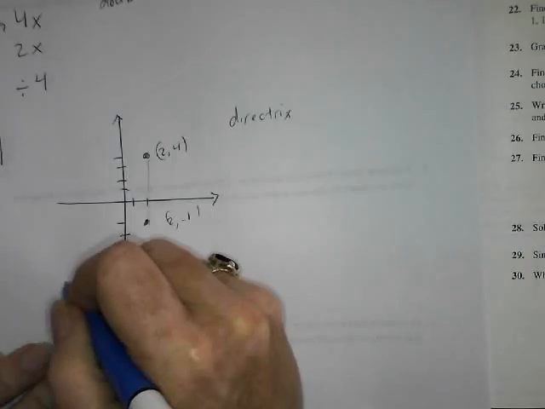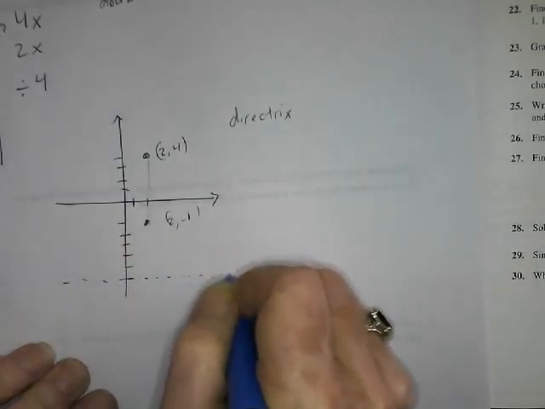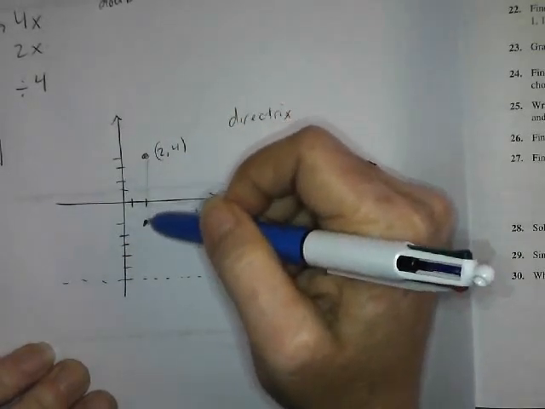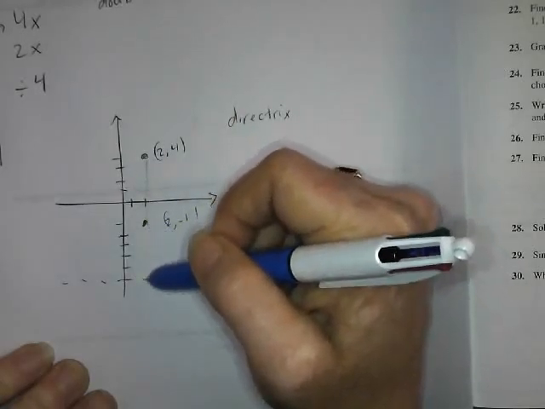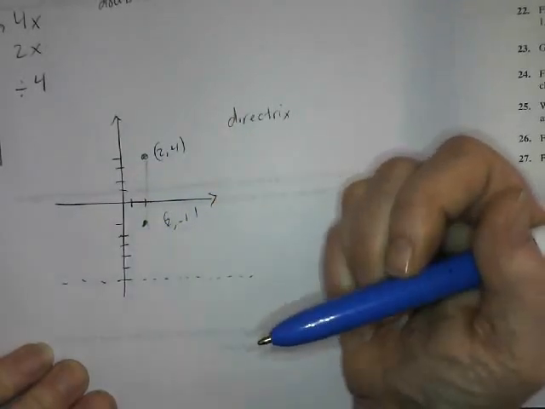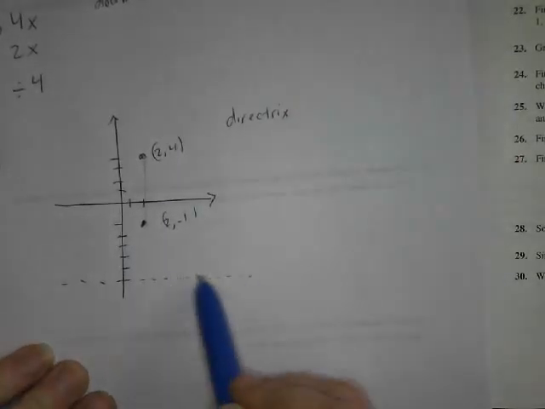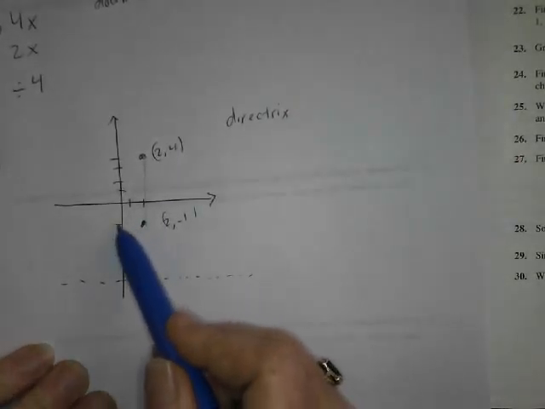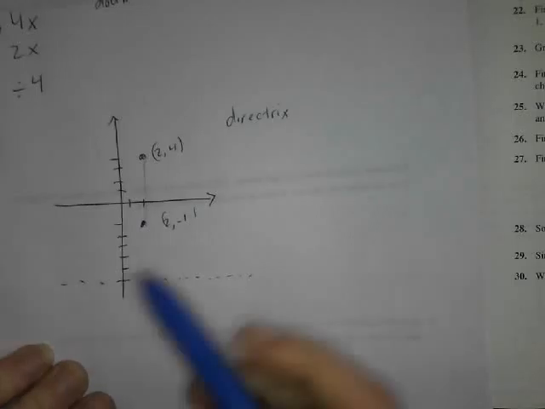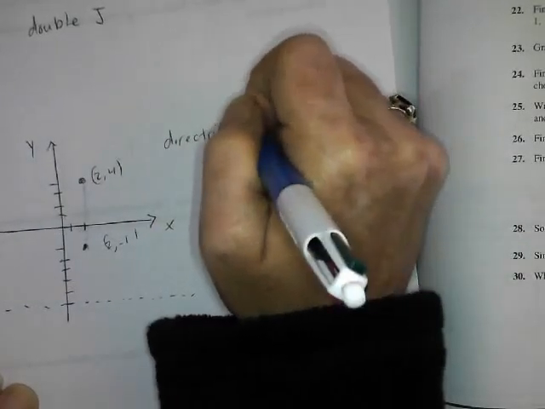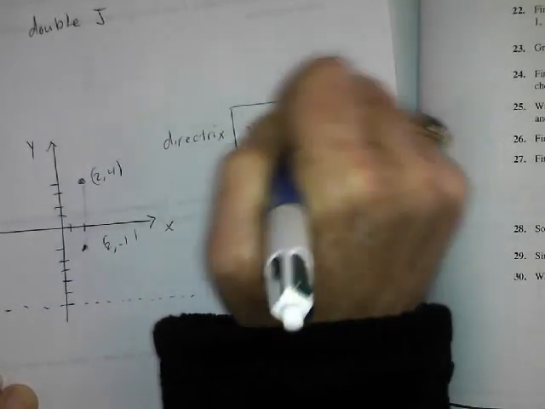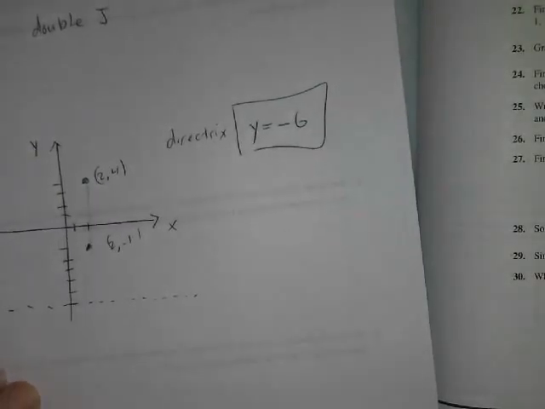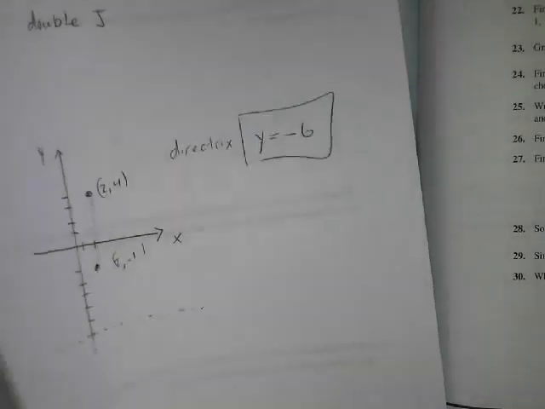So that's the directrix right there, the anti-focus. And so what is this line? It is -1, 2, 3, 4, 5. This is y and this is x. It's y equals -6. That's part of the answer they've asked me.